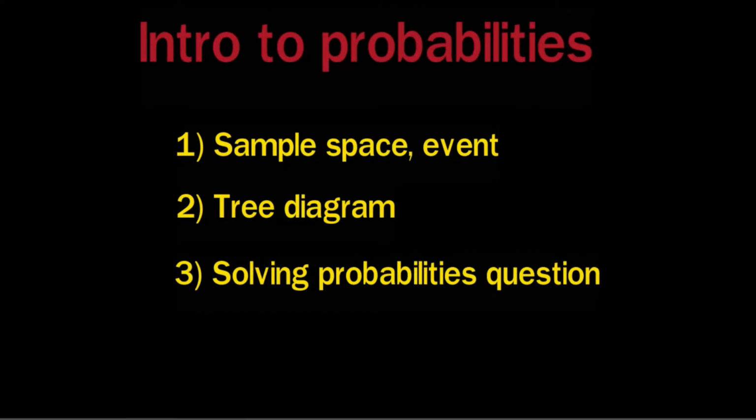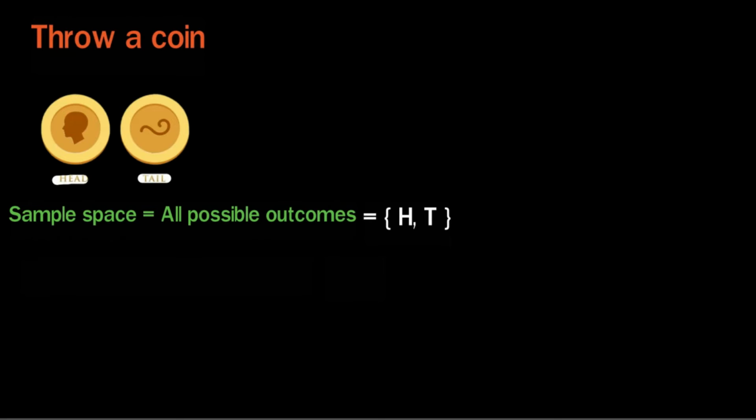So what is a probability? We can illustrate using one example. Let's say we throw a coin, so we can possibly get head or tail. So in this case, the sample space, which is all the possible outcomes, is head or tail. Then what is an event?